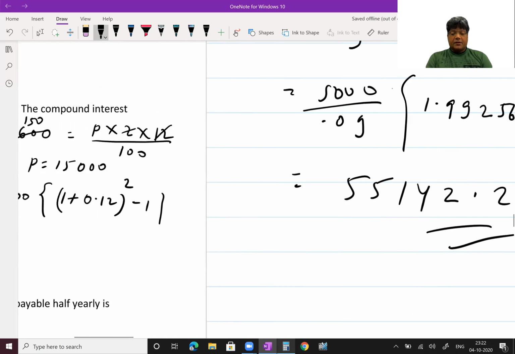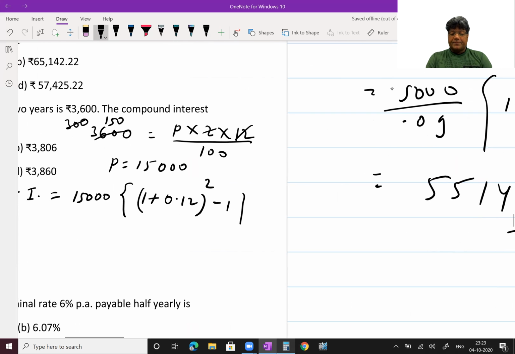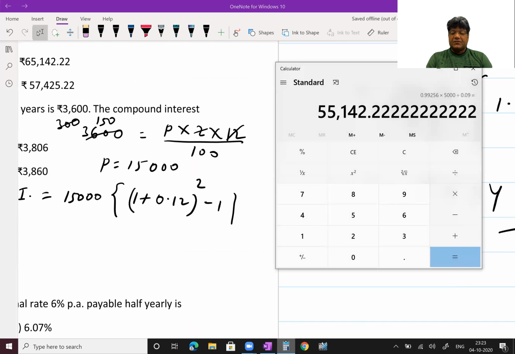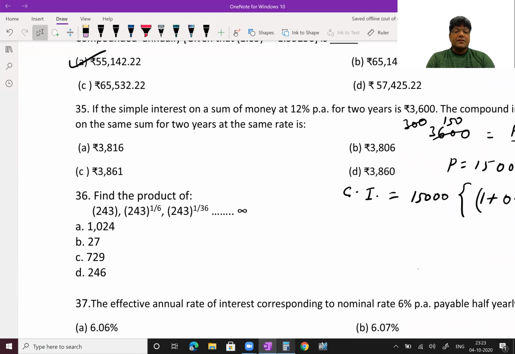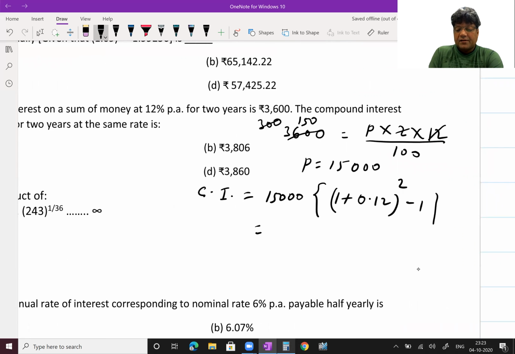So using calculator we will get 1.12 squared minus 1, into 15,000 is equal to 3816. Option A. That is 3816. Next question.